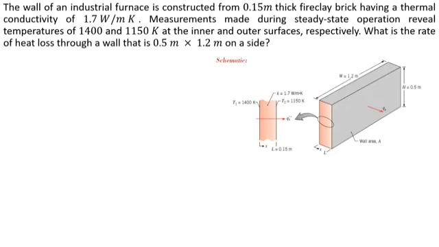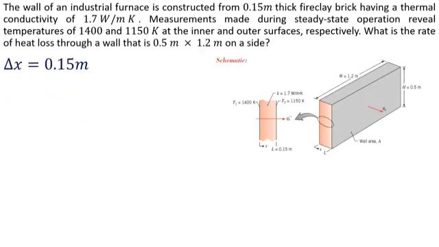The inner side of the wall is shown here at a temperature of 1400 Kelvin, and the outer side of the wall is at a temperature of 1150 Kelvin. Heat will transfer from higher temperature to lower temperature. Heat will flow in this direction, which is shown here by this arrow Qx.